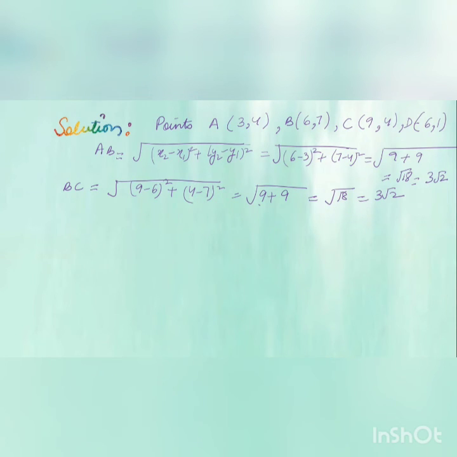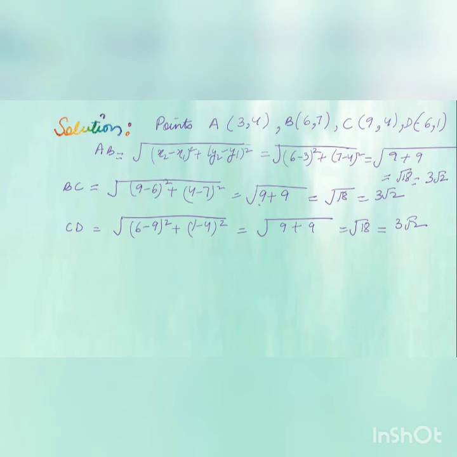Then after AB, BC, comes CD. It will be 6 minus 9 squared plus 1 minus 4 squared. So 6 minus 9 is minus 3, squared is 9, plus 1 minus 4 is minus 3, squared is 9. So it is under root 18 and it equals 3 root 2.